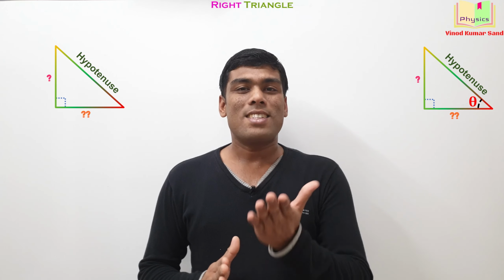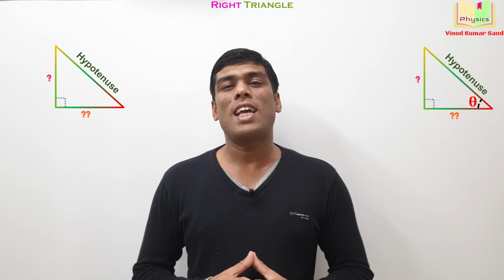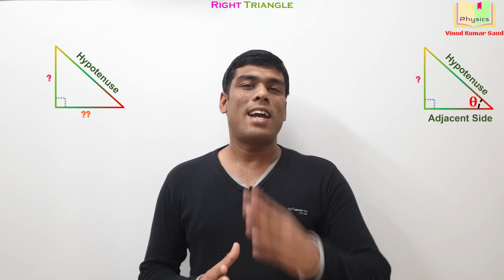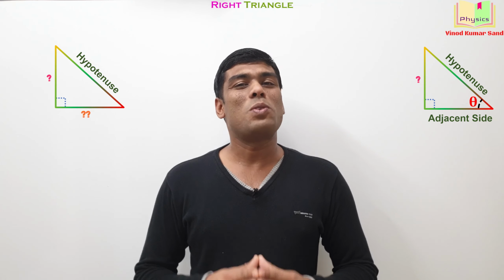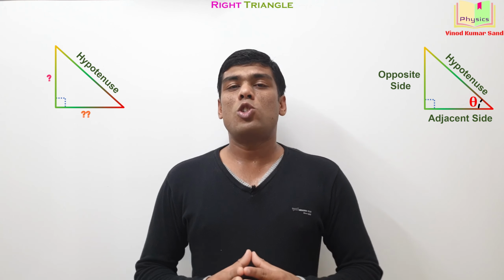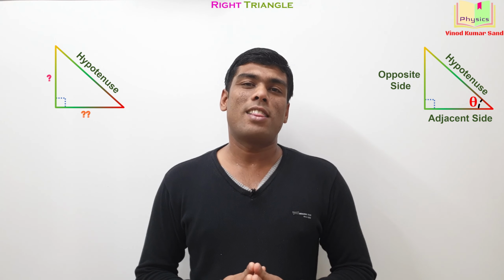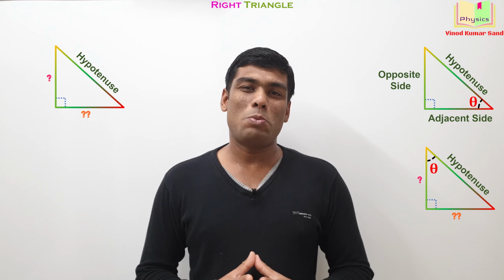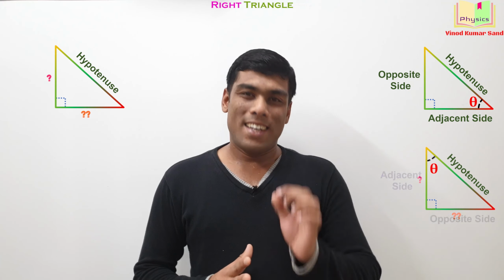It's easy. The side which is closer to the angle theta is known as the adjacent side, and the side which is opposite to the angle theta is known as the opposite side. Is it okay? Now I am changing the location of the angle theta. Can you name the adjacent side and the opposite side again? Correct.